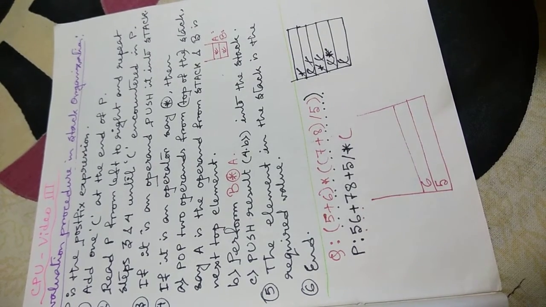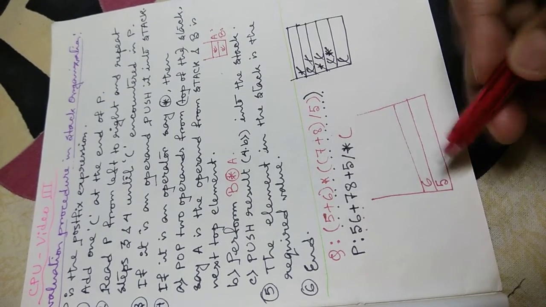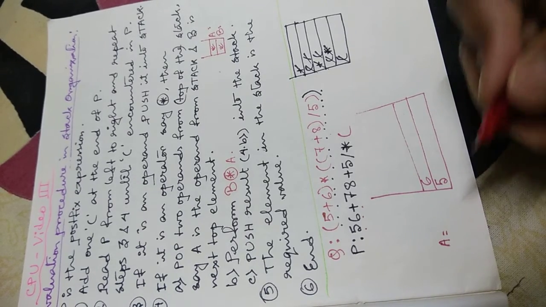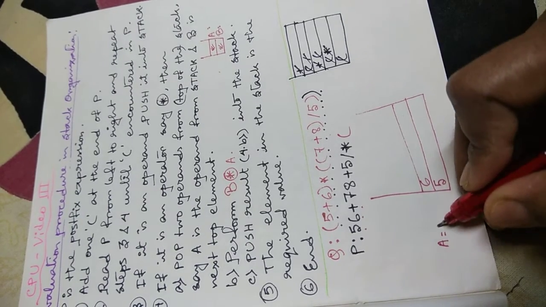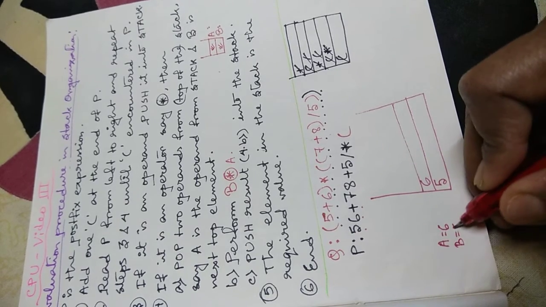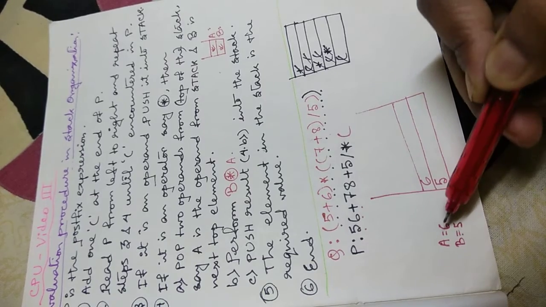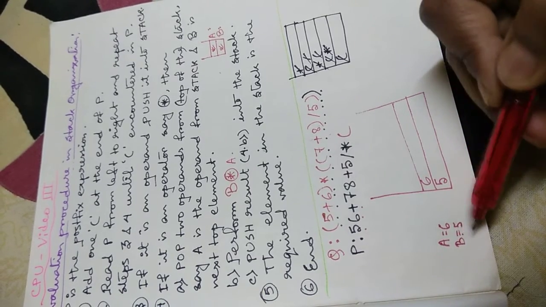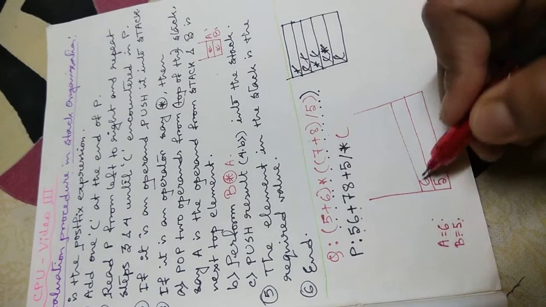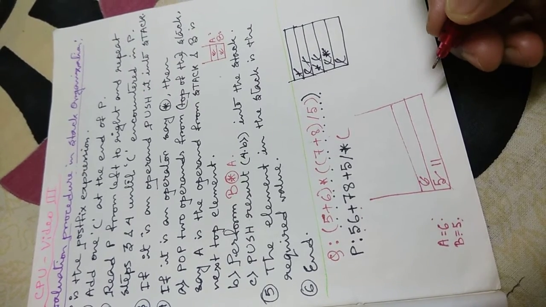So we have to pop two topmost elements from the top of the stack, and we consider A is the topmost element, that is 6, and next top element is B, that is 5. So we have to perform B plus A, not A plus B. B plus A, that means 5 plus 6, that is 11. It is the top of the stack element, right?